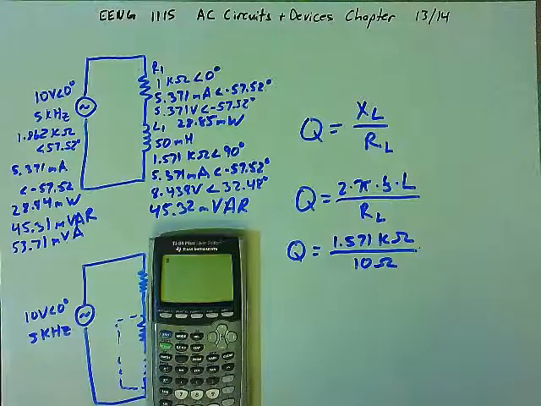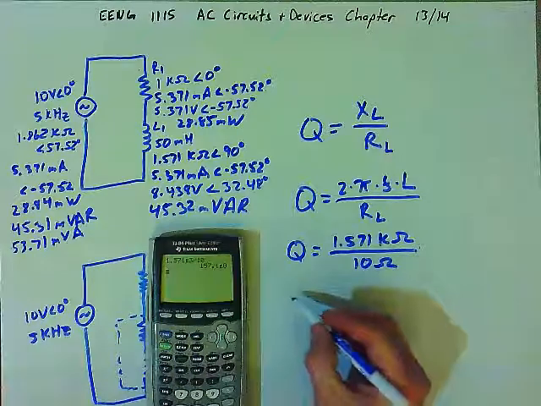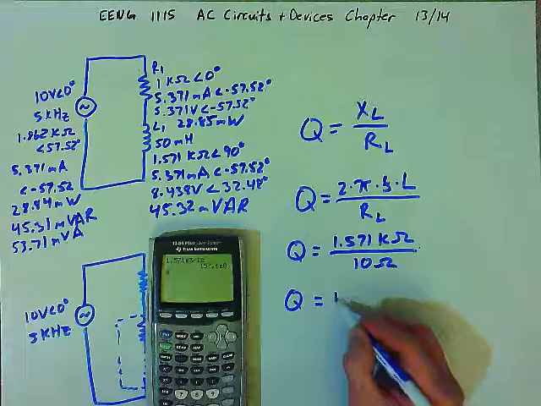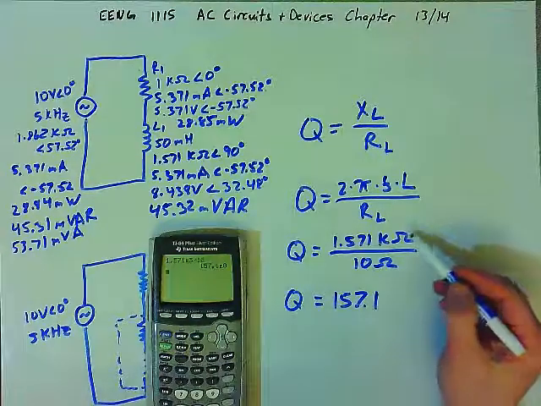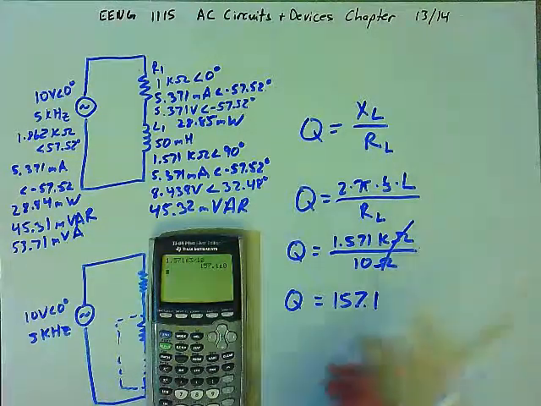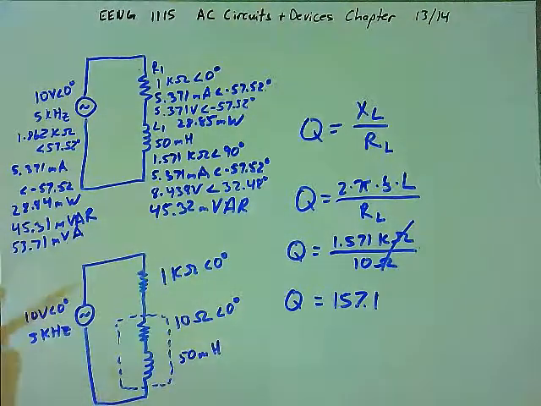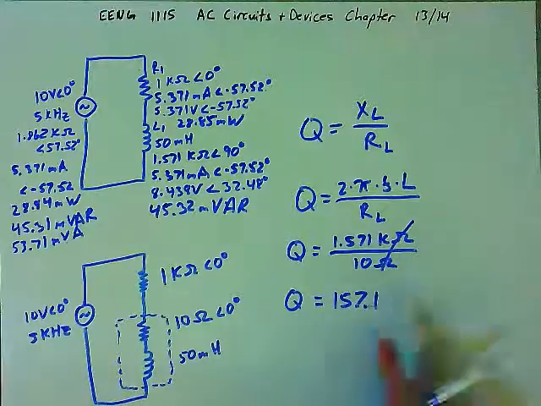So we have 1.571 kilo ohms divided by 10 ohms, and so the quality of this inductor is 157.1. That's a unitless number. The ohms cancel. The higher the quality, the better the inductor is in the circuit.